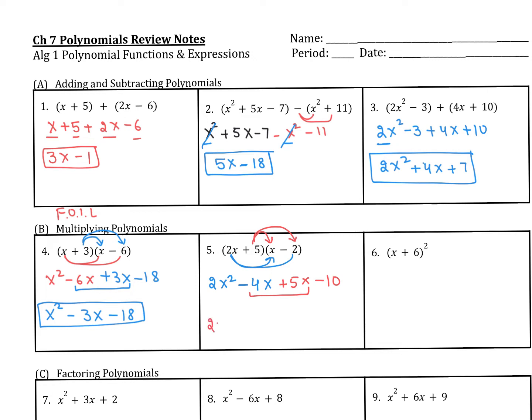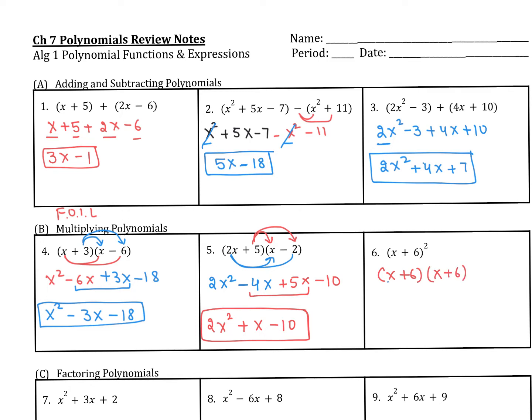So you got 2x squared, 5x minus 4x is plus x, minus 10, and that's your polynomial. X plus 6 times x plus 6.